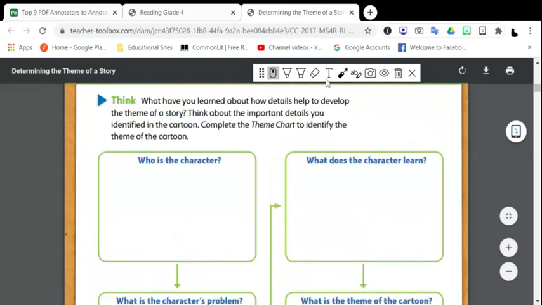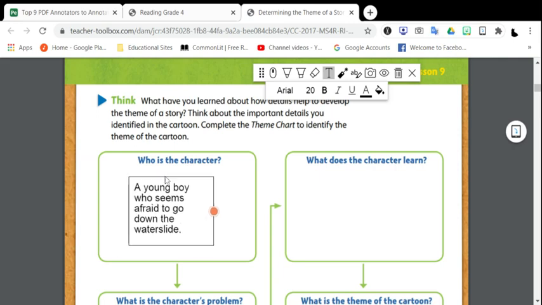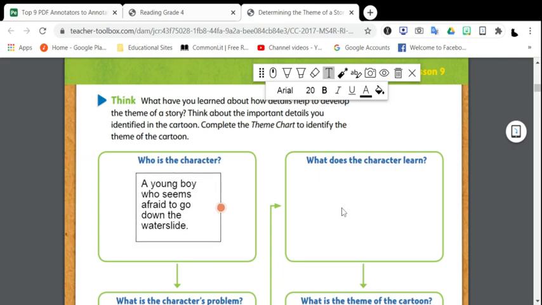Let's complete the chart together. The main character in the story, a young boy who seems afraid to go down the water slide.